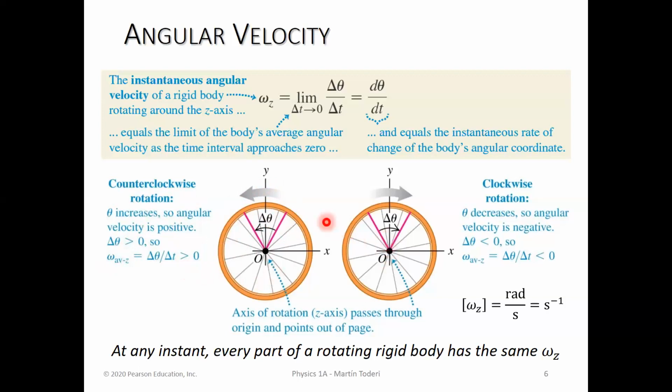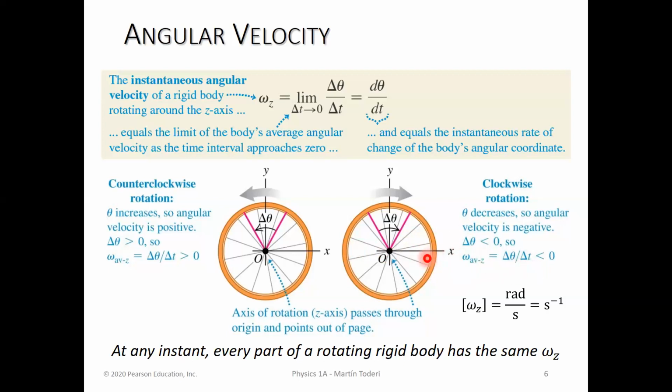And then if we take a look at what happens when this goes clockwise, then we'll be going from a bigger angular coordinate to a smaller angular coordinate, because we're going from here to here. And if we're taking the angle from this x-axis, then the displacement will be negative and the angular velocity will be negative.